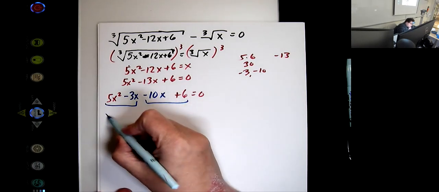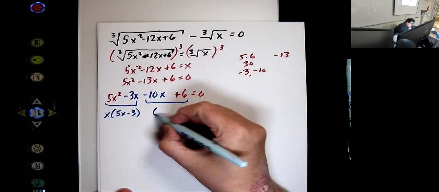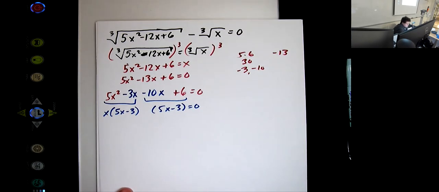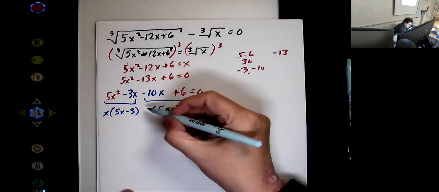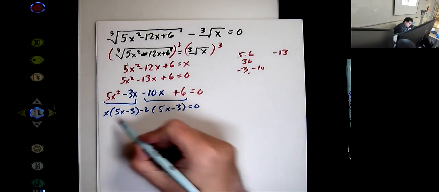Only an x comes out of the first one, so I've got 5x minus 3. The 5x minus 3 should repeat, and to get that, I need a negative 2. So we'll finish factoring it.